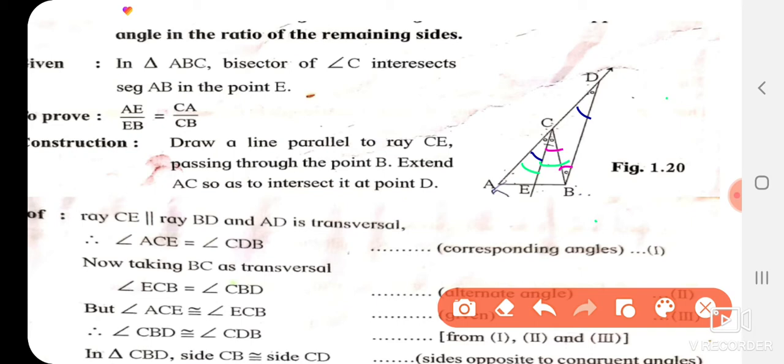I hope you can understand. We have a pair of corresponding angles, we have a pair of alternate angles, and we have a pair of angles because of the bisector. When you look at all these three, we can conclude that angle CDB is congruent to angle CBD.